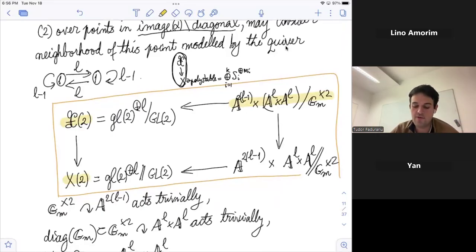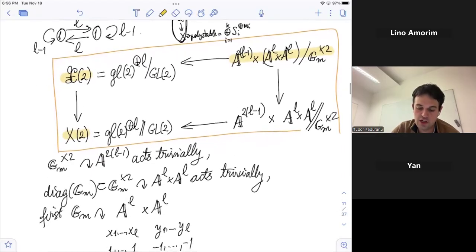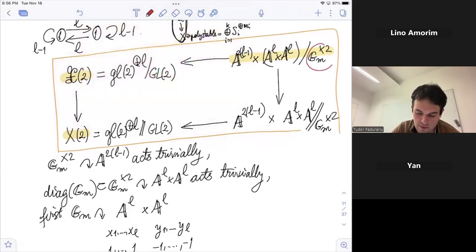It has an affine space A^(L-1), which comes from the loops. But we'll discard this immediately because Gm will act trivially on this space. So we can simplify our problem by removing this affine space.